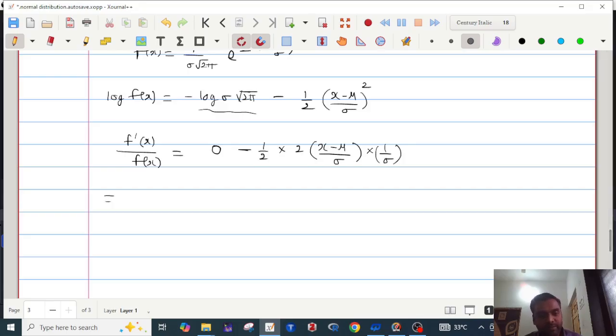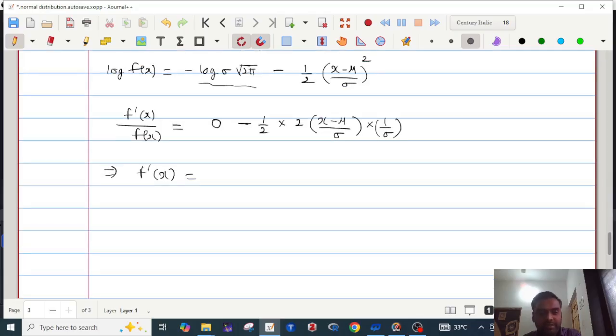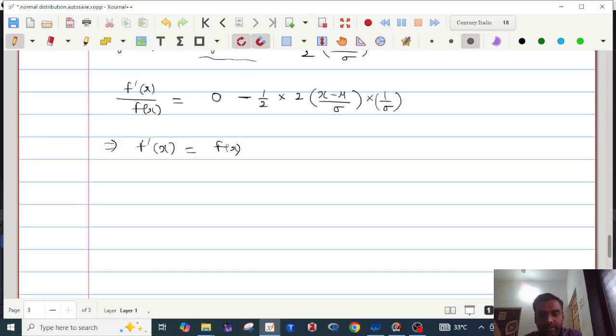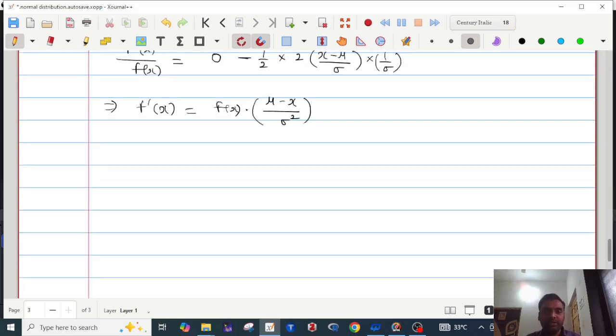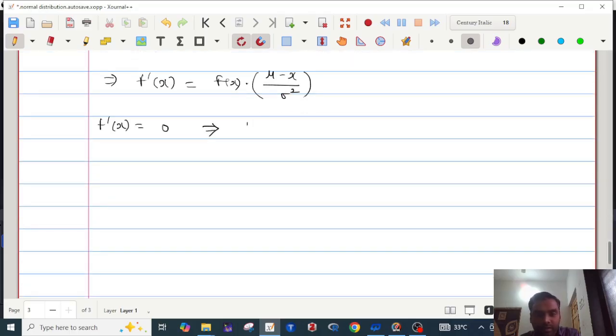So this implies f dash of x is equal to f of x times (mu minus x) upon sigma square. The 2 gets cancelled, and you multiply this by minus, so it is mu minus x on sigma square into f of x. So if you solve f dash of x is equal to 0, this implies f of x into mu minus x on sigma square is equal to 0.